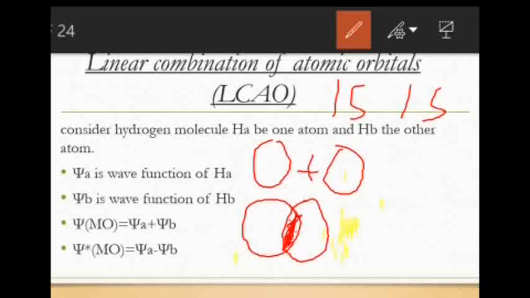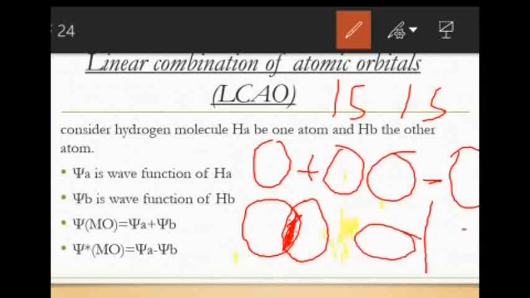If these atomic orbitals are combined by the subtraction method, they look something like this. And probability of finding electron in this area is almost 0. Understand?